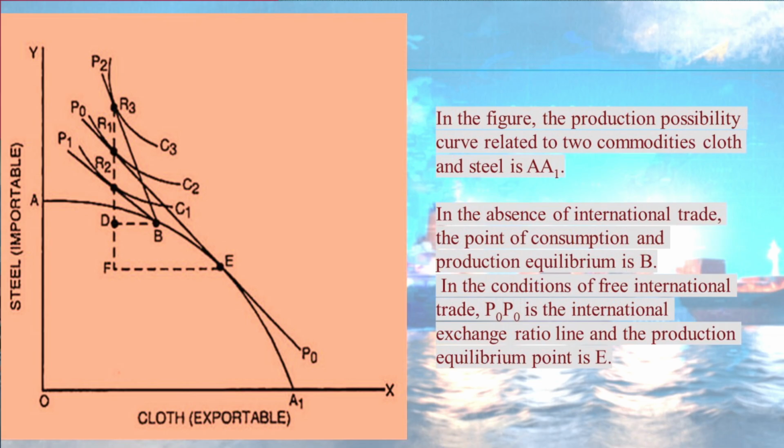In the condition of free international trade, P0 is the international exchange ratio line, and the production equilibrium point is E.